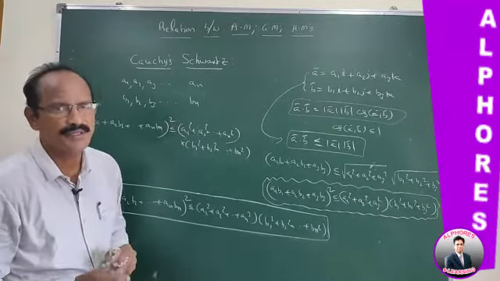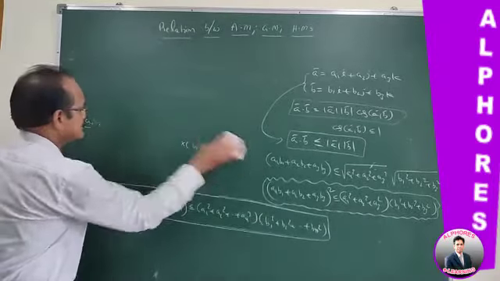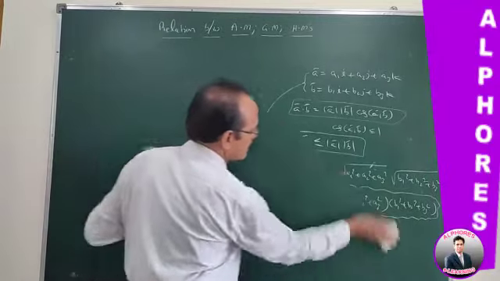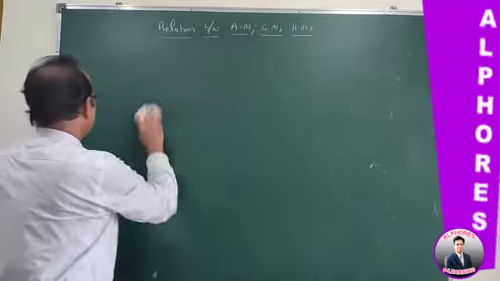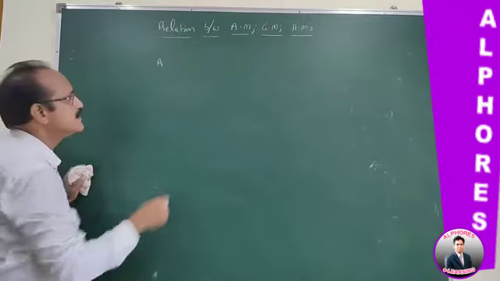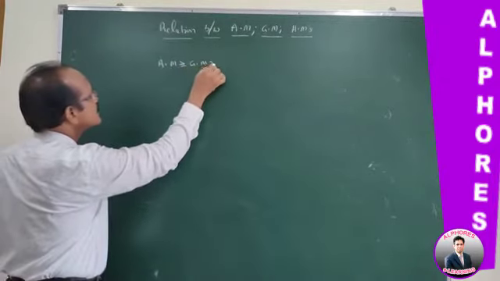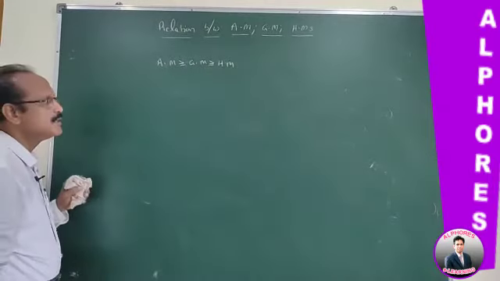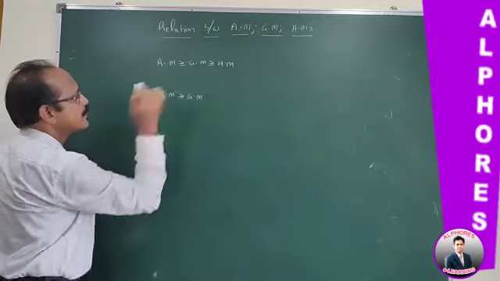Next, coming to another point, right? As we are discussing the relation among AM, GM, HM, that is AM is greater than or equal to GM, which is greater than or equal to HM, now we are discussing this inequality: AM is greater than or equal to GM.